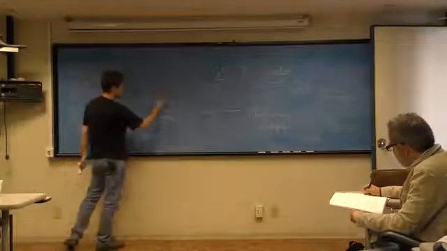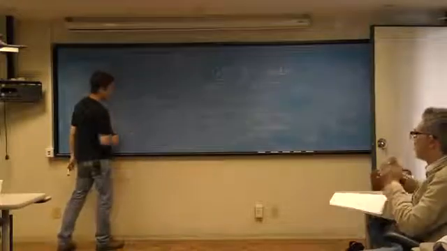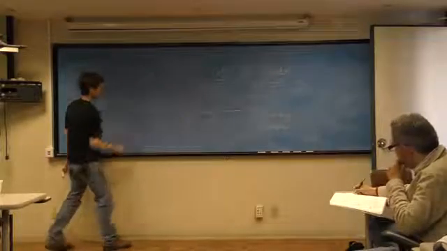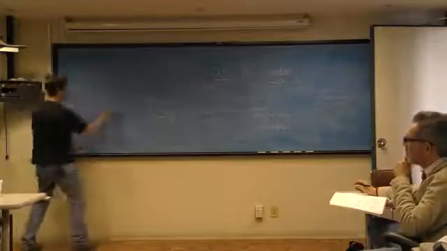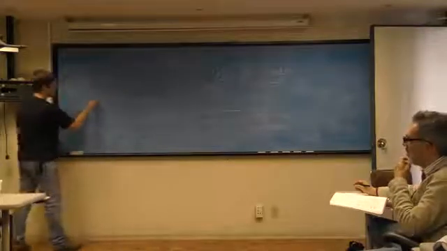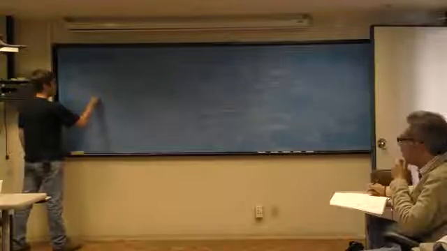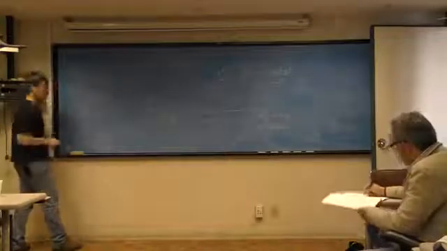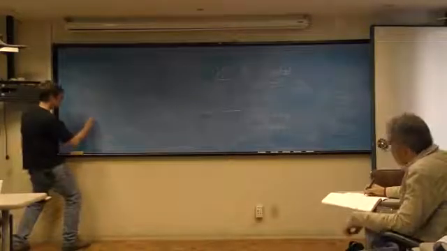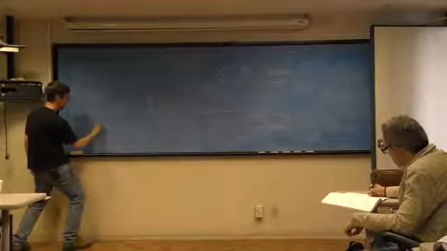Well, let me call this map F, this map G, and this map H. So this O_X, whatever it is, should receive a map from F upper star of the structure sheaf of the point, and it should receive a map from G upper star of the structure sheaf of the point.